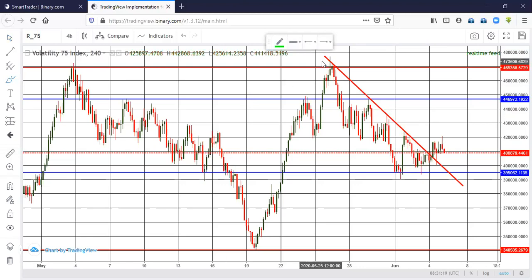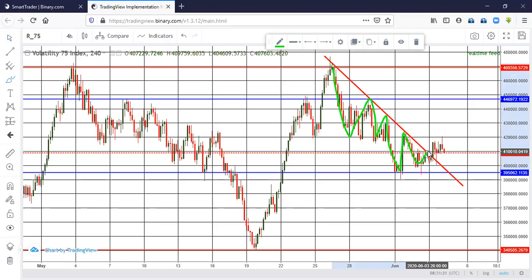Remember that if it's a downtrend, it will make these waves. When it's coming down, it will make highs and lows, highs and lows, like that. So it will make a wave like this. Meaning that the first top point will be higher than the second top point, which will be higher than the third top point, which will be higher than the fourth top point, which will be higher than the fifth top point.